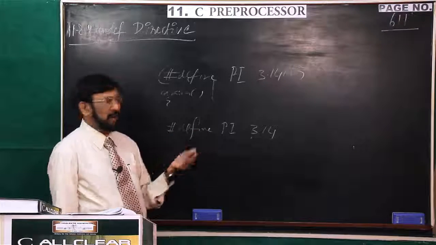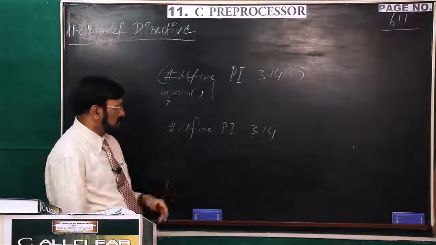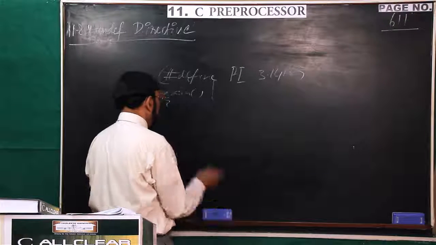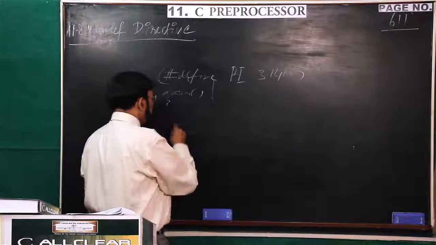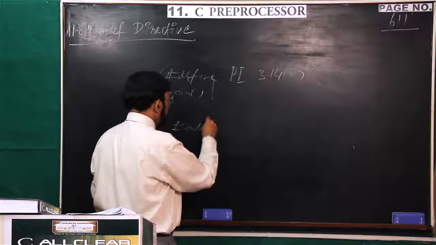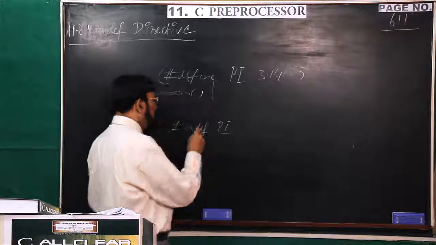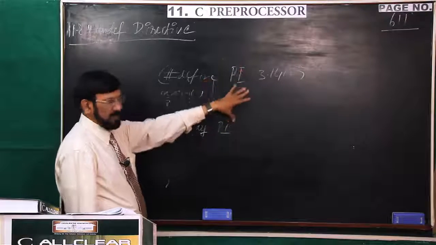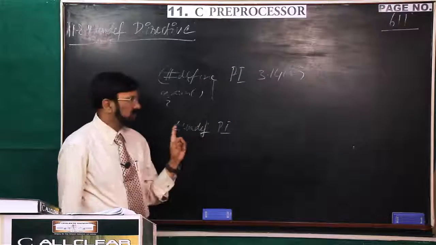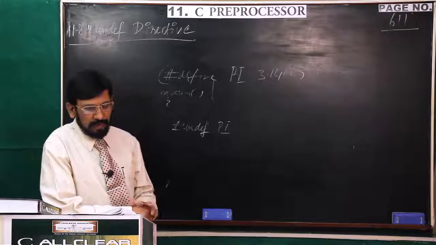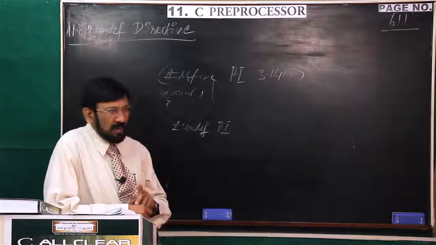Undef is not required. But the only thing is, the undef directive is required for nullifying the effect of this. Just understand that point. So, this is the third preprocessor directive that I am introducing.